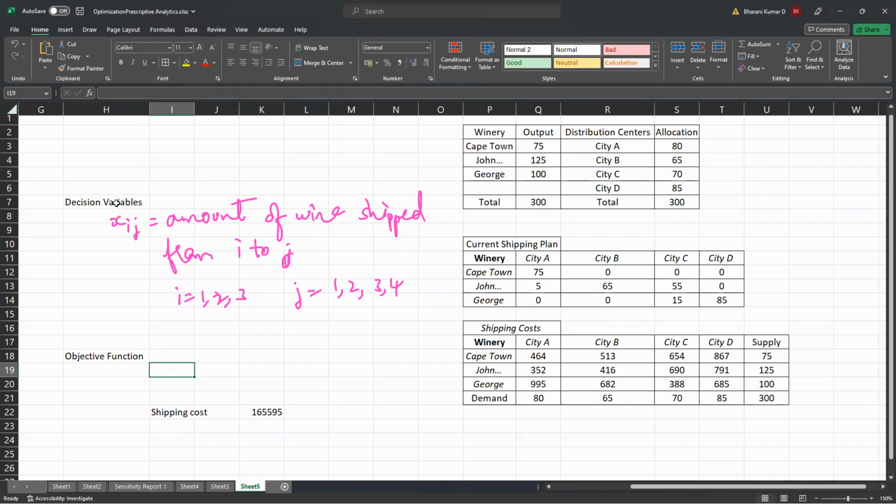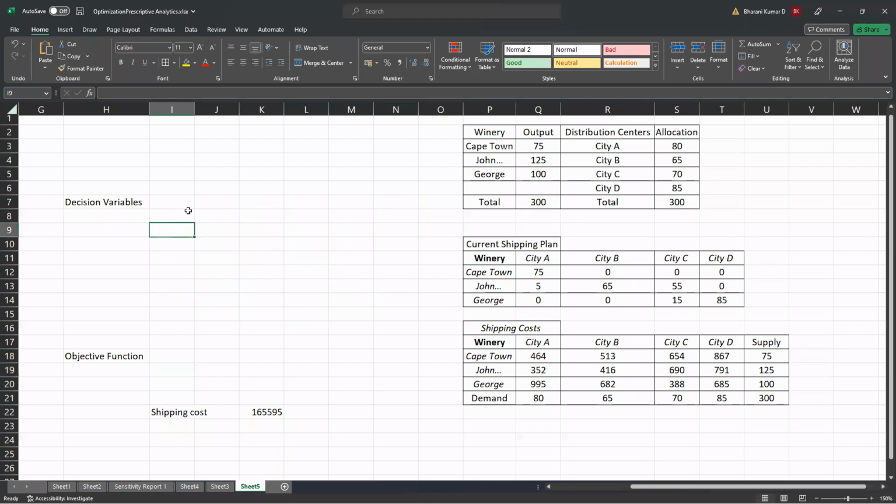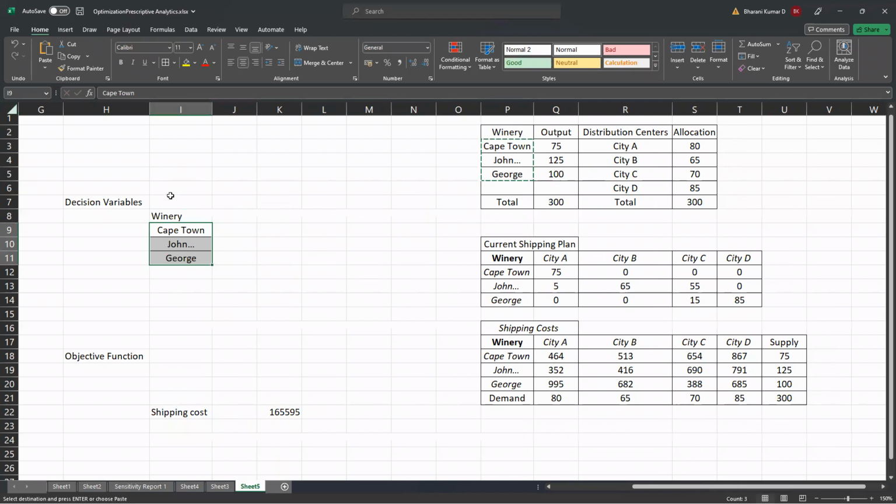If you want me to put down the decision variables, I can put it this way: I have 3 binaries. These 3.